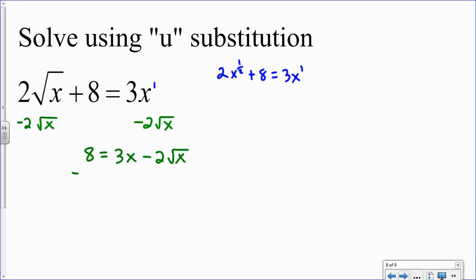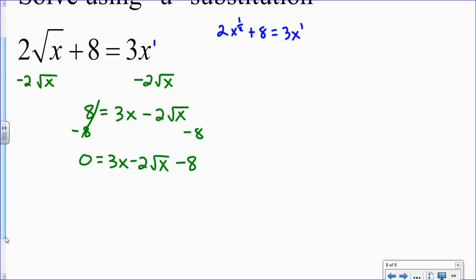And then I'm going to subtract 8. Now it's set up to do the u substitution. So what should I have u equal?